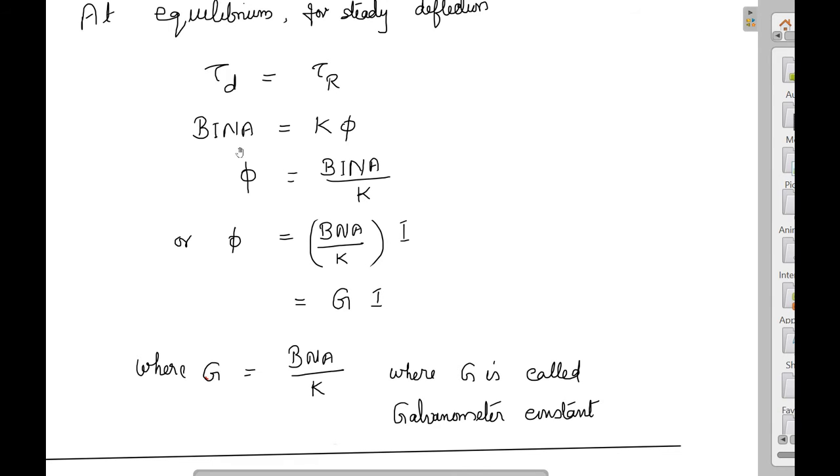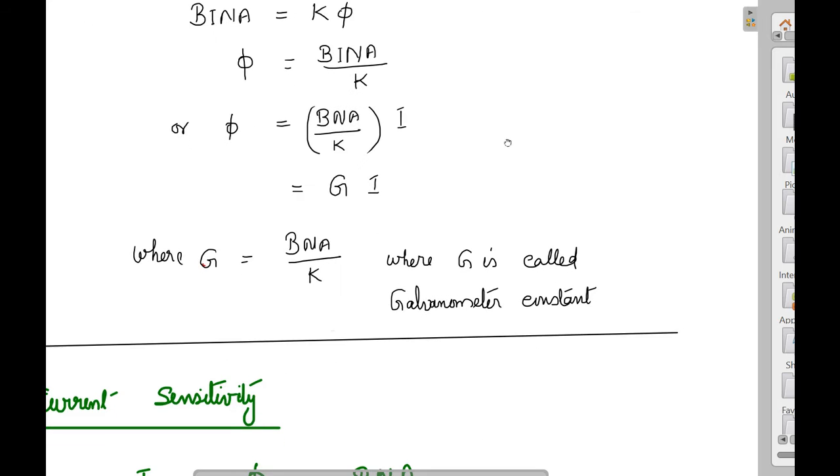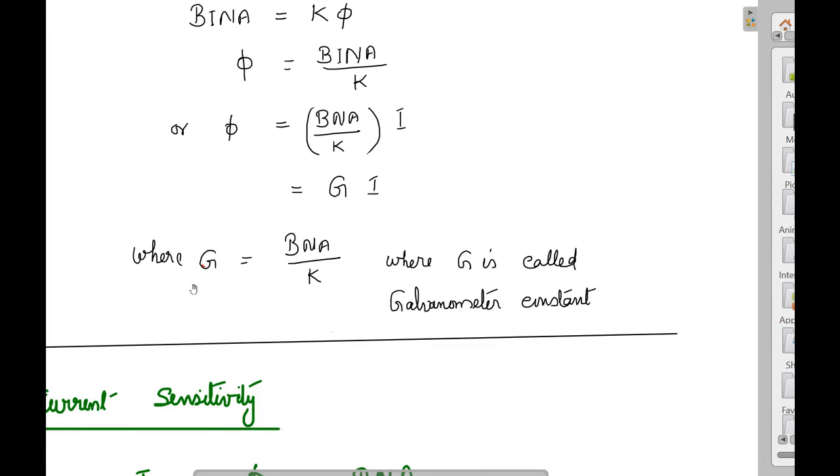The equation BINA equals Kφ, hence φ equals BINA by K, or φ equals BNA by K into I, which is equal to G into I, where G equals BNA by K. G is called the galvanometer constant. Now look at this equation.